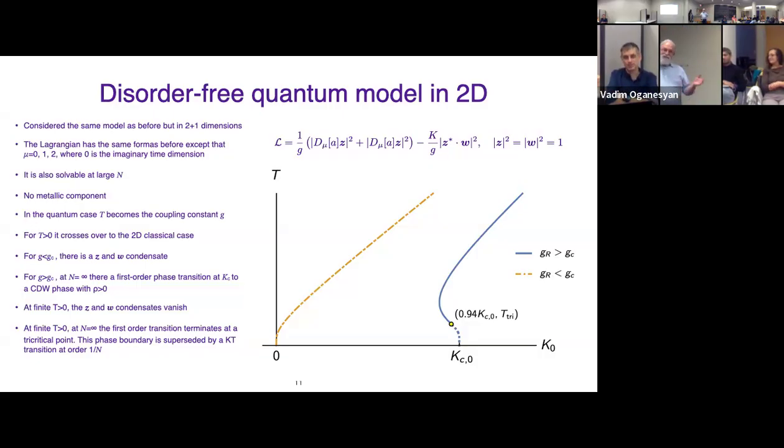Of course the true CDW has all these additional contributions, because the CDW breaks translation symmetry and also breaks rotational symmetry, and that changes the effective action.